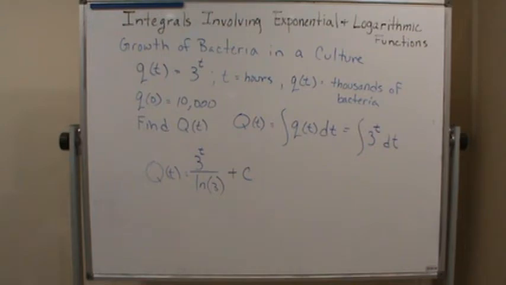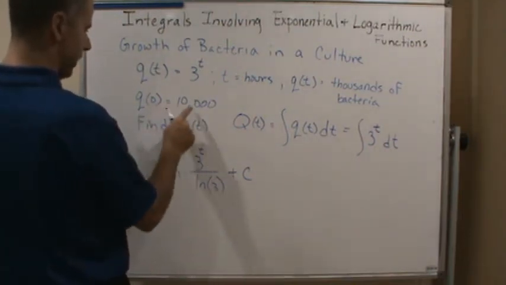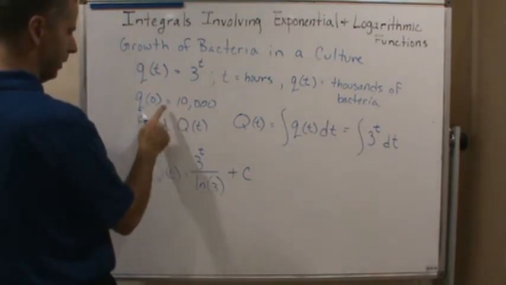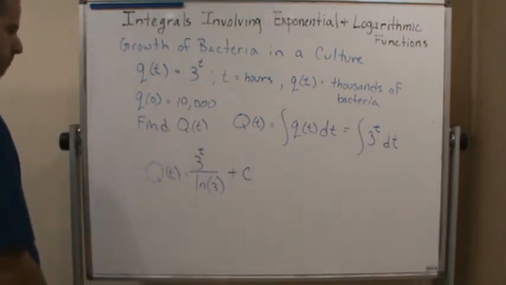So now, guess what? We're going to have to solve for the constant again. So we're going to use this information. At t equals 0, we have 10,000 bacteria.